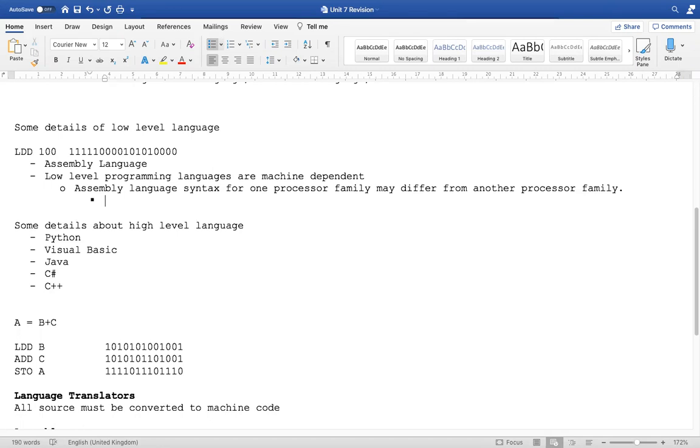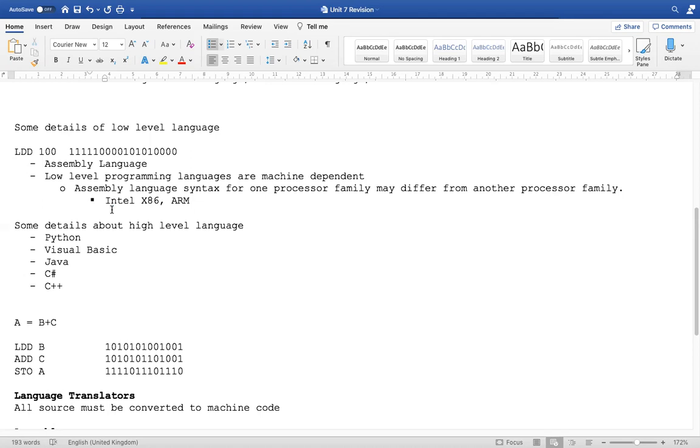So for example, if we have two processor families, say Intel x86 and another processor family, say ARM, they both will have assembly language syntax that's different. So I cannot simply use the same assembly language code, or the same way of writing assembly language code, for both types of processor families.